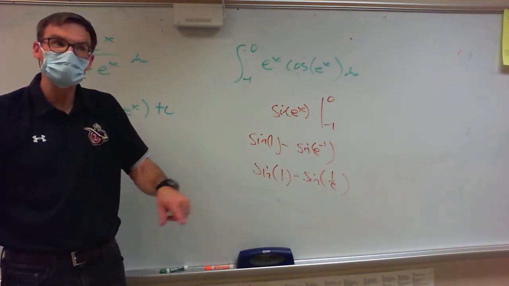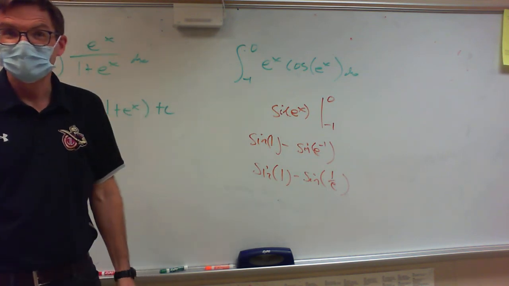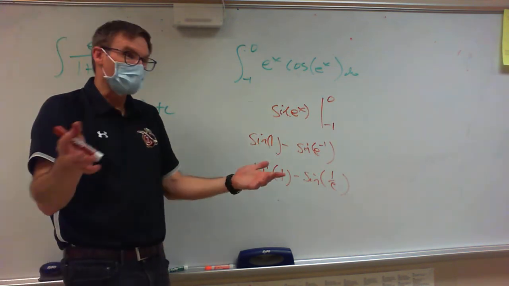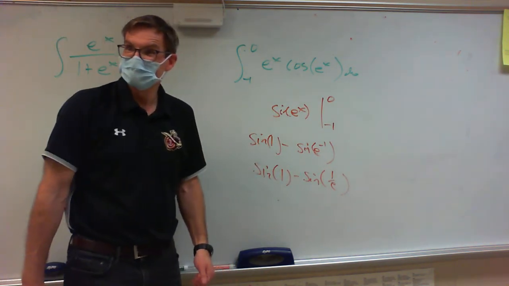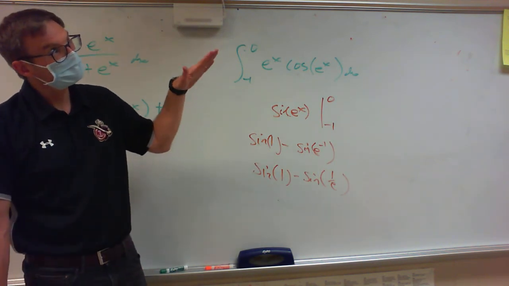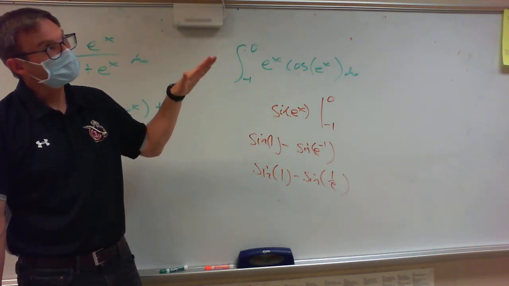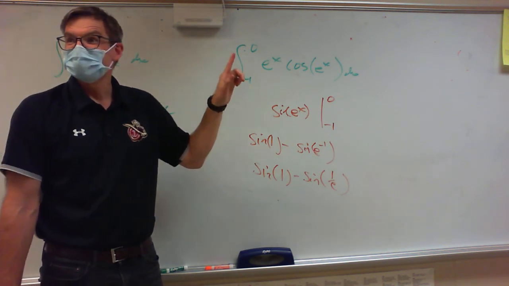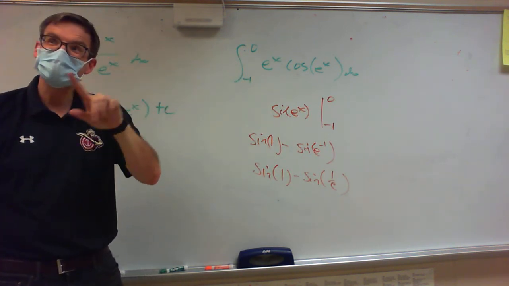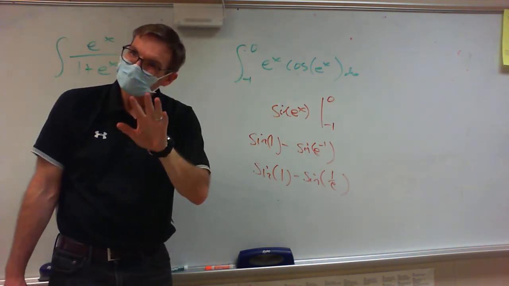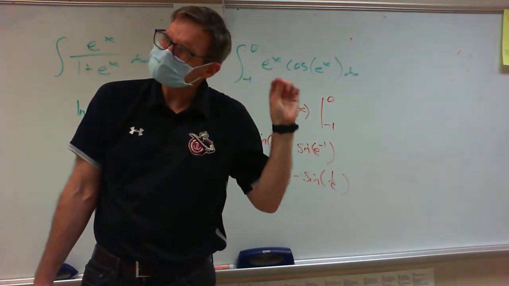You don't know what sine of 1 is off the top of your head. I don't know what sine of 1 is. Wait, let me see if I can guess. If your calculator's in radians, I bet it's 0.76.